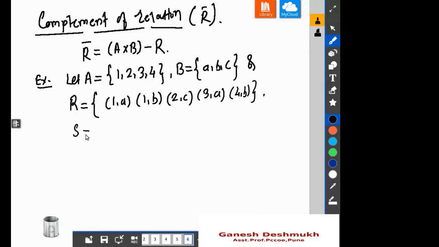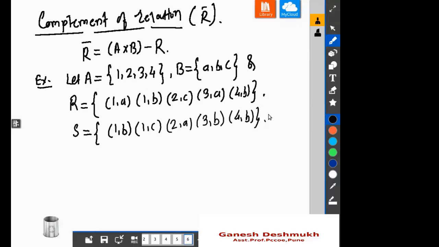Also one more relation is given as S with pairs (1, b), (1, c), (2, a), (3, b), and (4, b). And we are asked to find R's complement and S's complement.